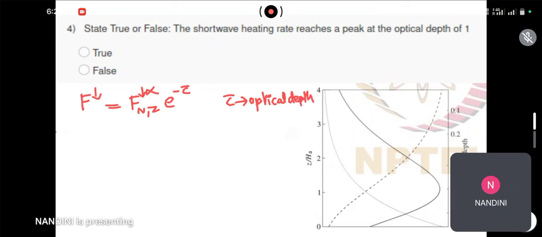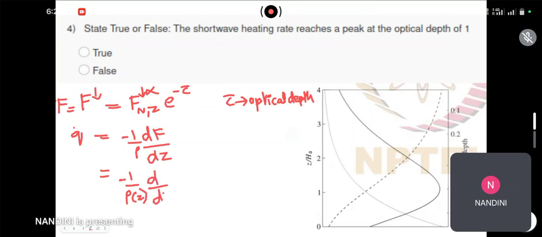So if we want to find the heating rate Q, it is given by minus 1 by rho dF by dz, where F is equal to F incoming from the top of the atmosphere into e raised to minus tau, where tau is the optical depth. So the heating rate is basically given by minus 1 by rho of z d by dz of F into e raised to minus tau of z.